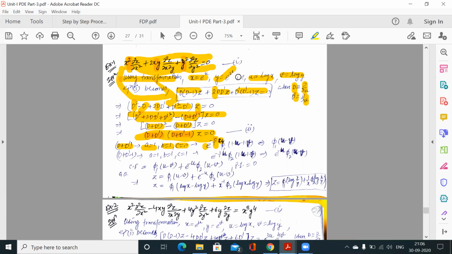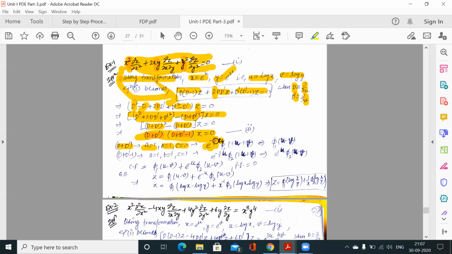Now we have used a transformation, and using it we have converted the equation into constant coefficients. So the derivatives are with respect to u and v, and so u and v are our independent variables. Because x has been transformed into u, x would be replaced by u in the solution.